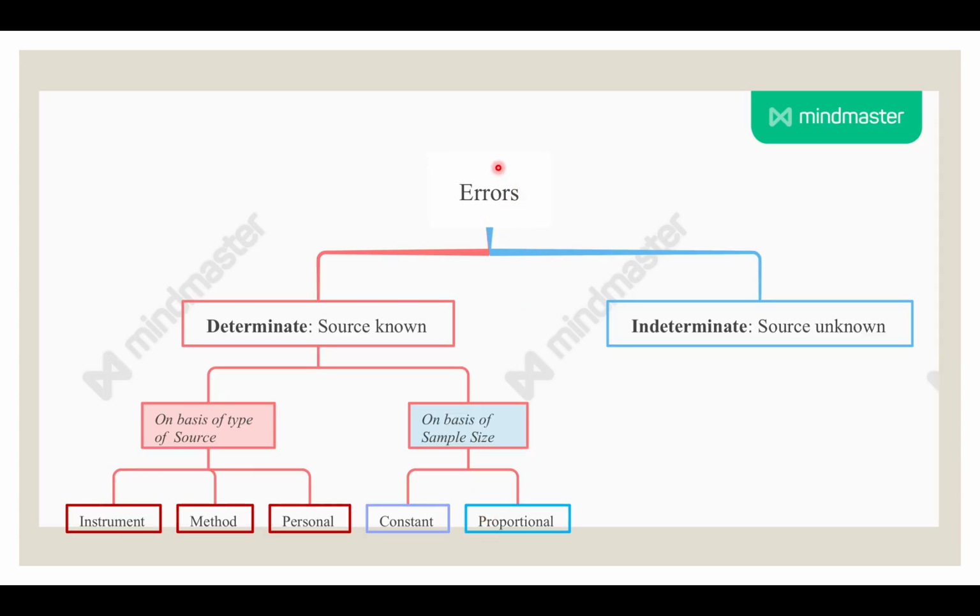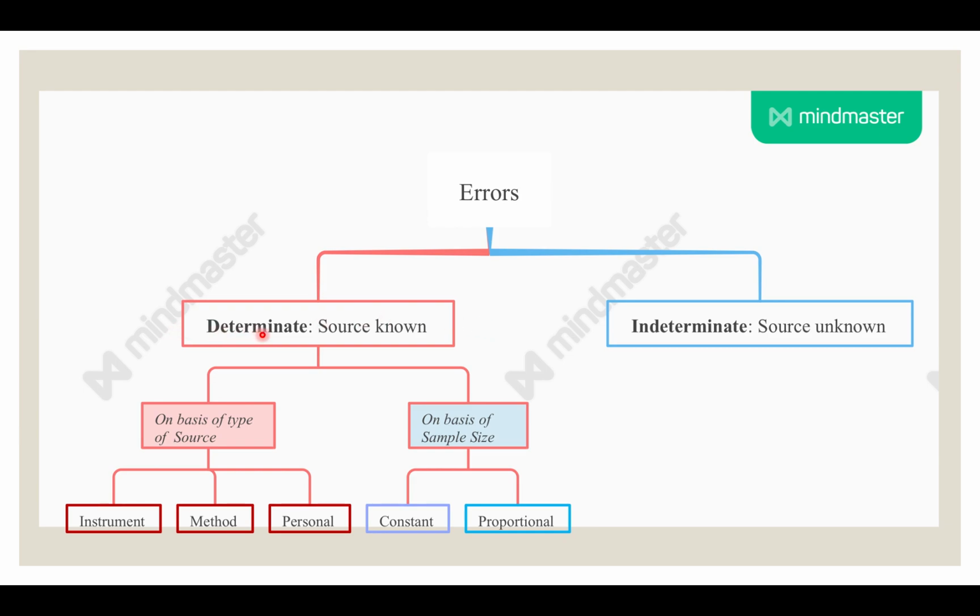Now, let us go, I'll just give you the terminologies or the types of errors that are reported in scientific measurements. So broadly, these errors can be classified into two types. One is determinate error and another is indeterminate error. As the name suggests, with determinate error we can determine the source, or in other words, the source is known in this case.